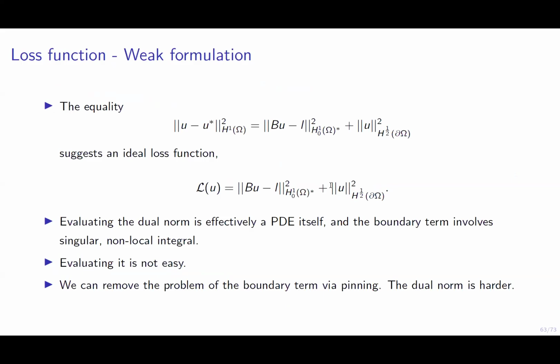If we didn't do this, then we could consider a loss function of this form, which then becomes very, very natural in the sense that we have this very desirable relationship between the loss that we want to minimize and the error in the norm that we're interested in. Again, I'll just repeat, this part is just too complicated and I really, really don't want to touch it. So I'll use pinning, and now I just have to deal with this dual norm that we have here.